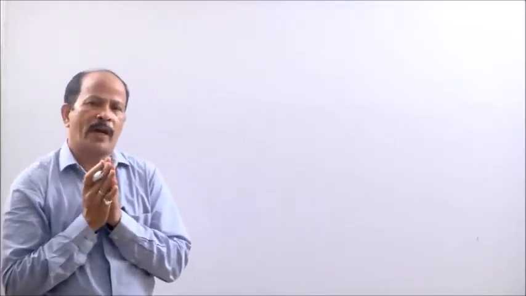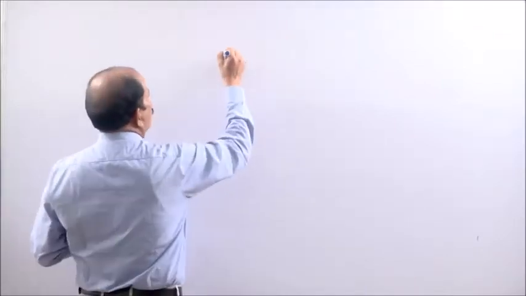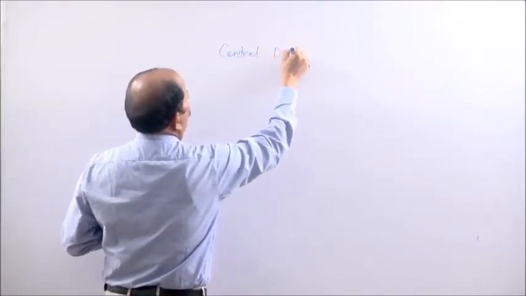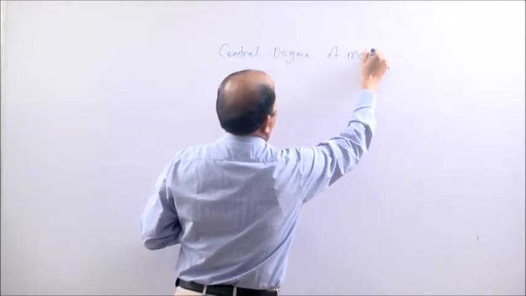So for better understanding of how the genetic material replicates and how the genetic material functions, let us look at a concept that was proposed by Francis Crick in 1958, that is called the central dogma of molecular biology. Central dogma of molecular genetics.